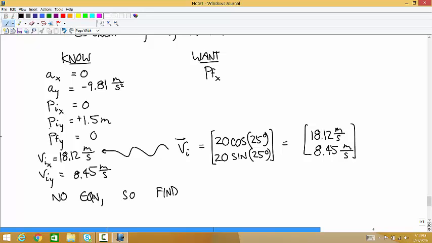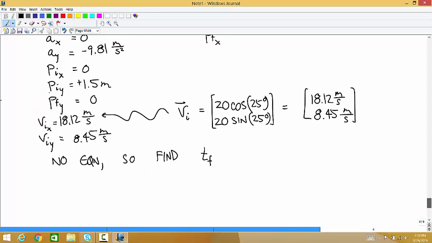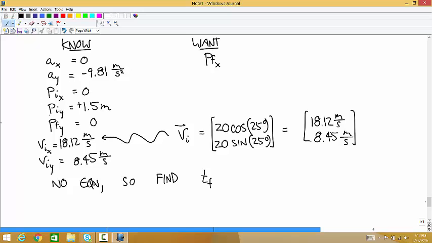So we want to find T final. So what about T final? Is there one that works there? You can use Pfy is equal to Piy plus Viy TF plus 1/2 AY TF squared.